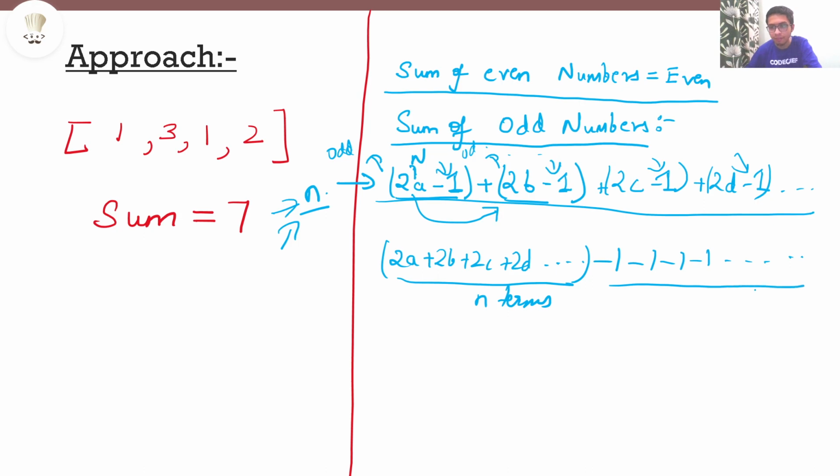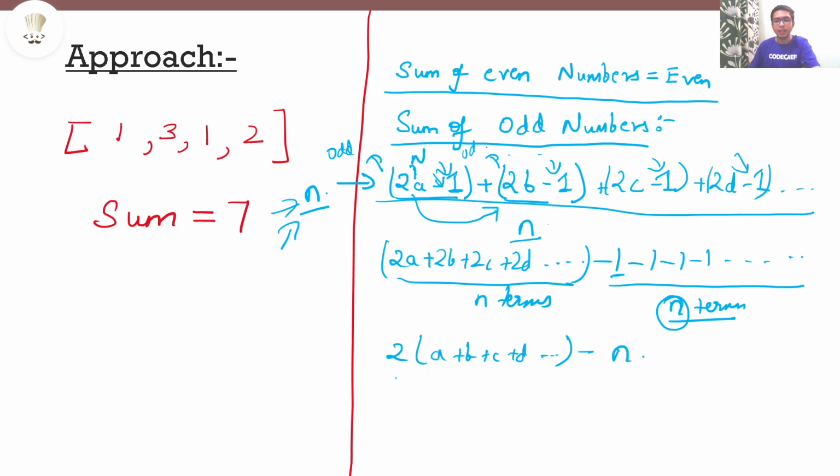And here we will also have n terms, because a single number has a single -1, and since we have n such numbers, we will have n terms. So what I'll do is I'll take 2 out, so I'll get a plus b plus c plus d and so on. And here I have -1 n times, so I'll get -n. So this is the final equation.